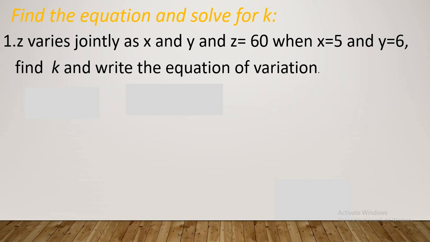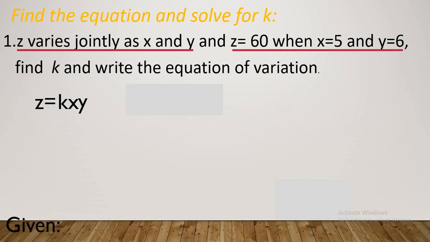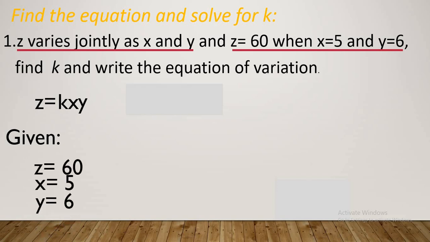Z varies jointly as X and Y, and Z is equal to 60 when X is 5 and Y is 6. Find K and write the equation of variation. From Z varies jointly as X and Y, our equation is Z is equal to KXY. Then let us write the given: Z is 60, X is 5, and Y is 6.